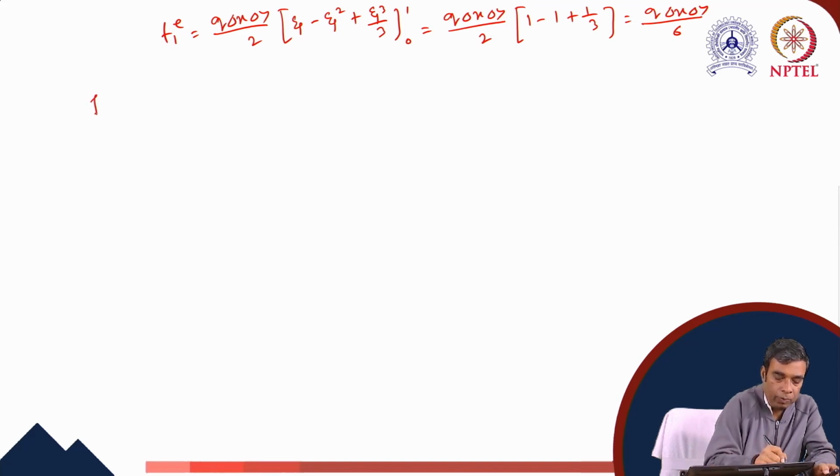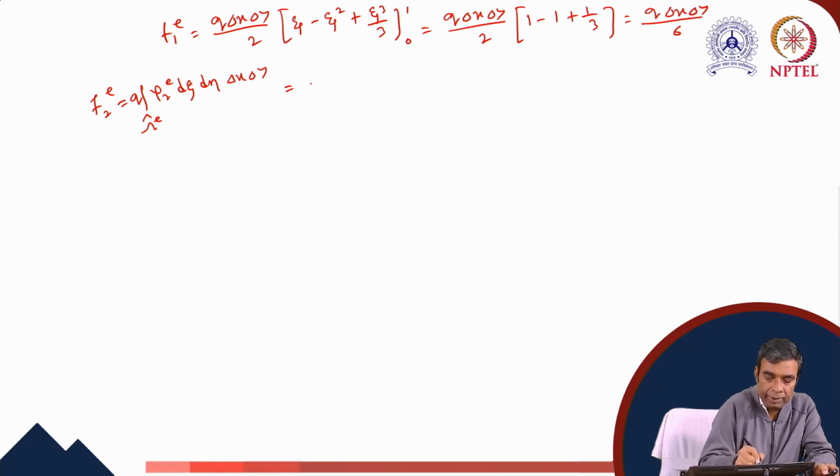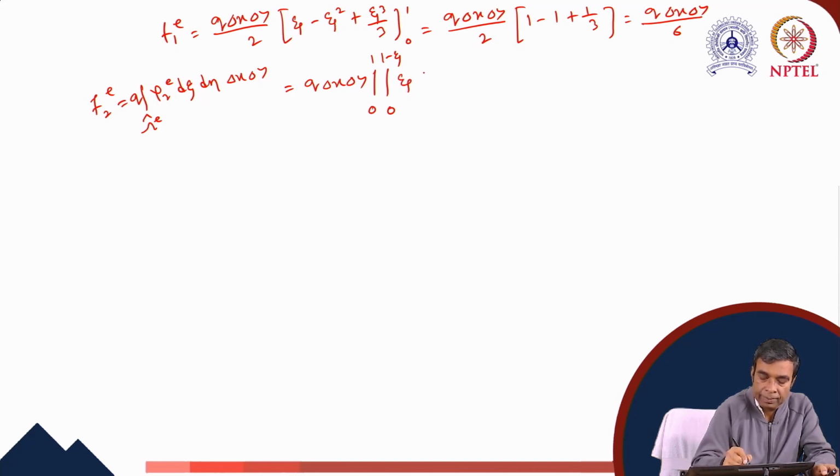Similarly, we can calculate F2e equals integration over omega e cap of Q psi 2e d xi d eta into delta x delta y for the Jacobian portion. This is Q into delta x delta y integration 0 to 1, 0 to 1 minus xi, psi 2e (xi, eta). This is xi. So this gives us d xi d eta.